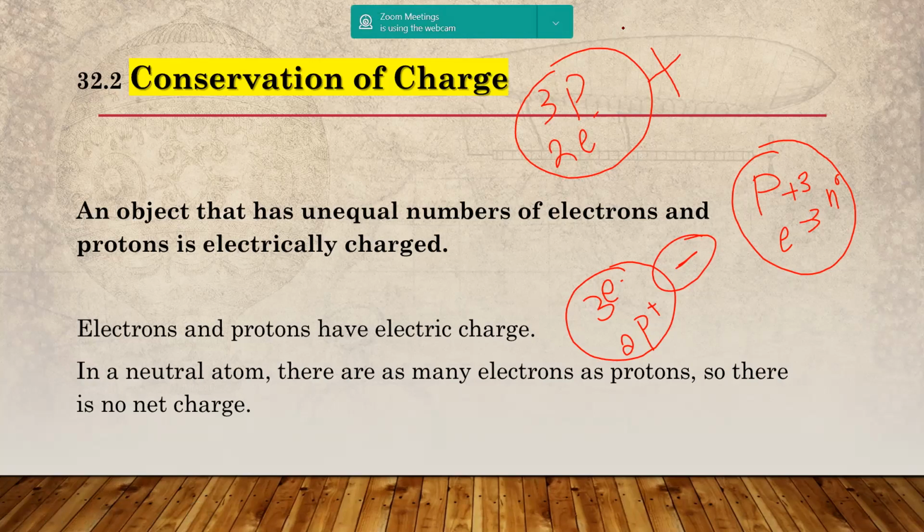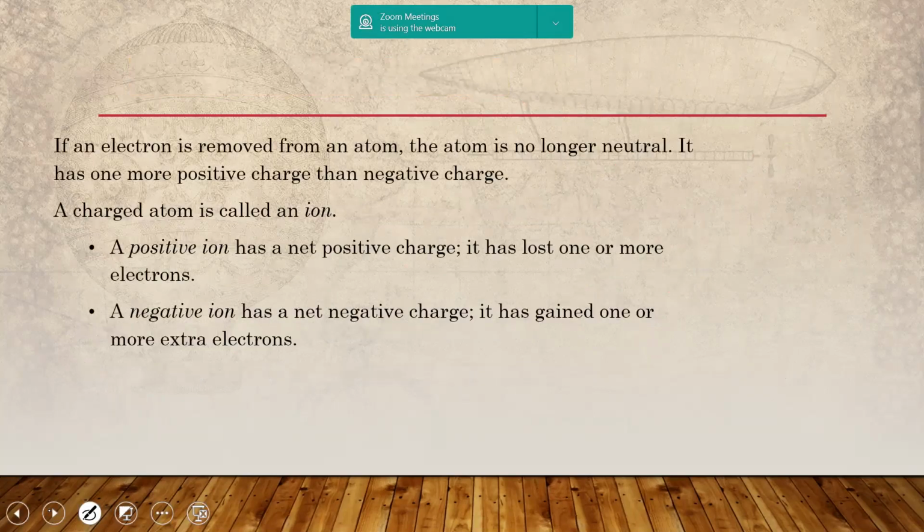So there's an electric charge. I will not say that the net charge is 0. So if an electron is removed from an atom, the atom is no longer neutral. It has one more positive charge than negative charge.